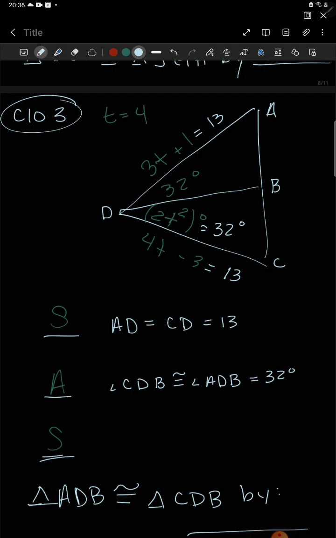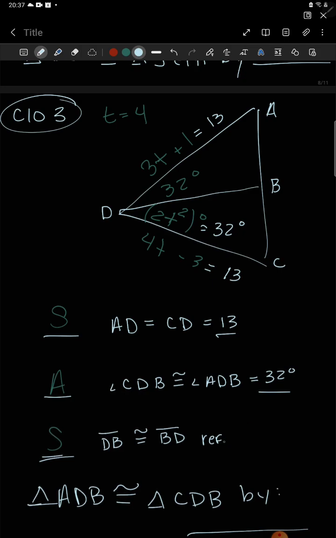And what's the final thing? I hope you can tell by now. Oh, that's definitely not an angle. I'll go ahead and write it the segment way. DB is congruent to BD. Why? We don't need a value. These two, we were able to figure out values, right? But this one, we don't need to know the value.